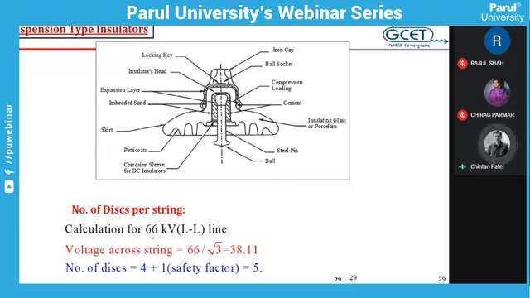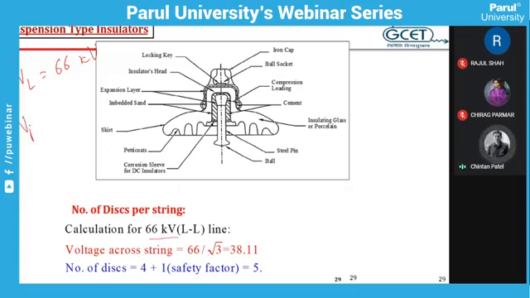Let's calculate for 66 kV. The transmission line voltage is given as 66 kV, line to line voltage. So VL is 66 kV. This line to line voltage becomes the phase voltage when we consider the voltage across the string.